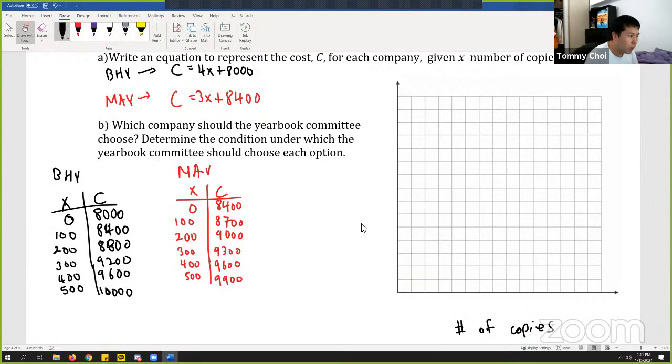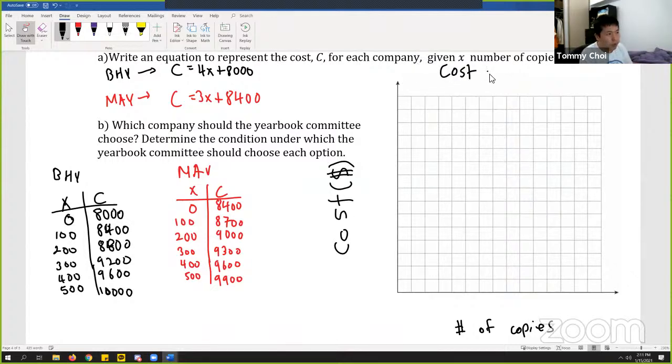For the y-axis, we would do cost. I'm going to write it sideways. That's not bad. Okay, so we have our cost in dollars and our number of copies.